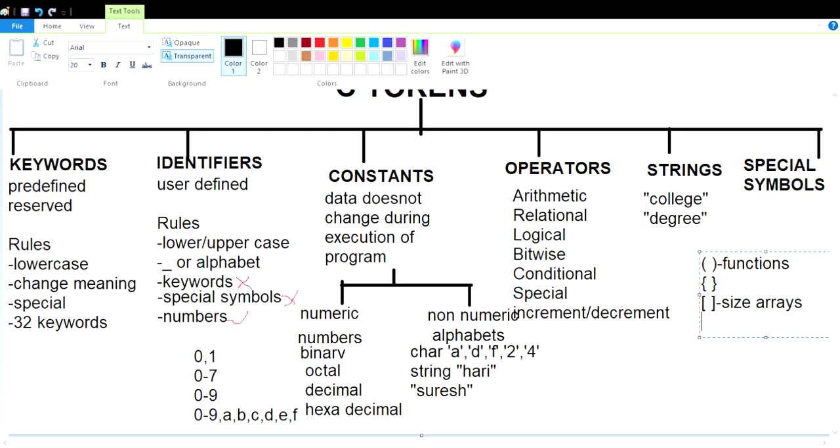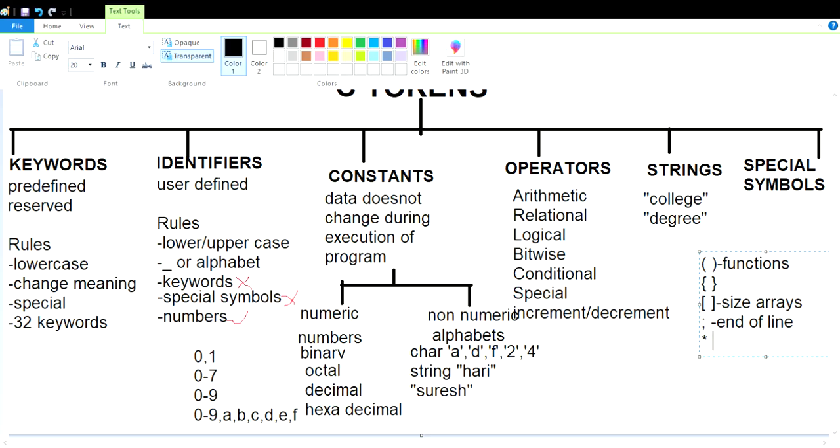And next one is semicolon. That is the end of line. The end of a line of the C program is defined by using the semicolon. And next one is star. This is called as what?